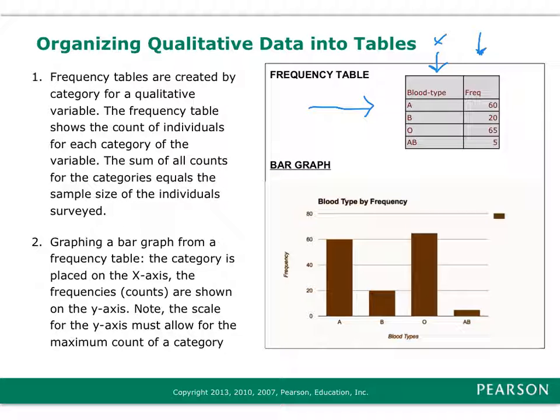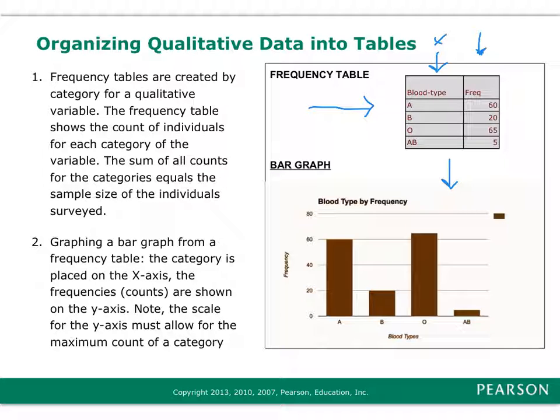This one is called frequency, and these are the number of patients in a particular hospital that was sampled to have different blood types. So once you have the category, you count how many of the patients have the different blood types in this particular example. Once we have the frequency table, we then can create a bar graph.